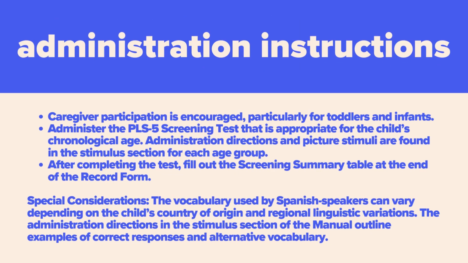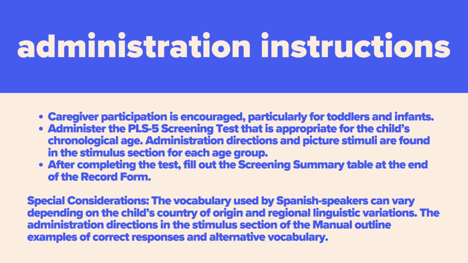When administering the PLS-5 screener, you should follow these instructions. First, caregiver participation is encouraged, especially when working with toddlers and infants. Second, you should administer the test that is appropriate for the child's chronological age. Directions and stimuli can be found in the stimulus section for each age group.